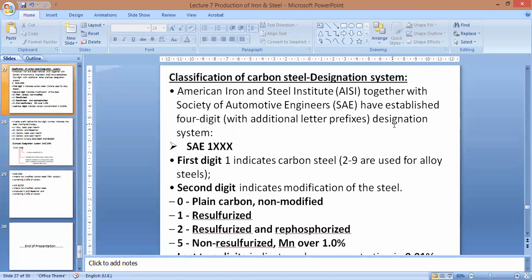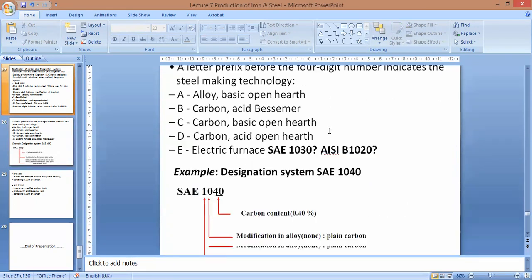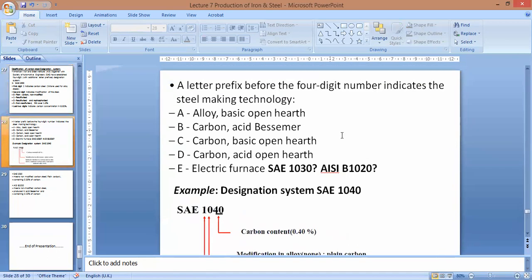So AISI means it's the American Iron and Steel Institute, okay? That's what it means. And then, who wants to give it a try? Eunice, please give this one a try.